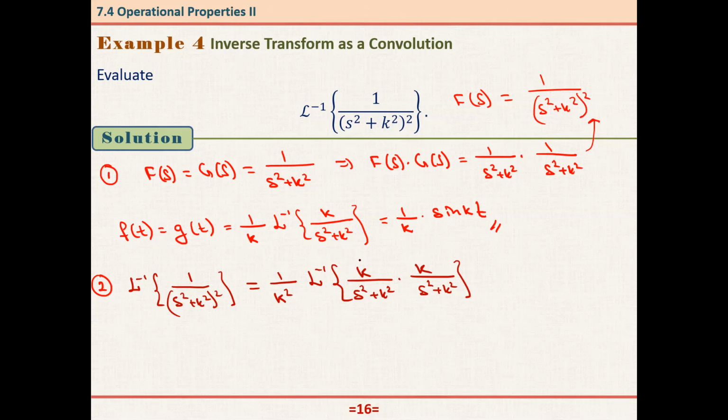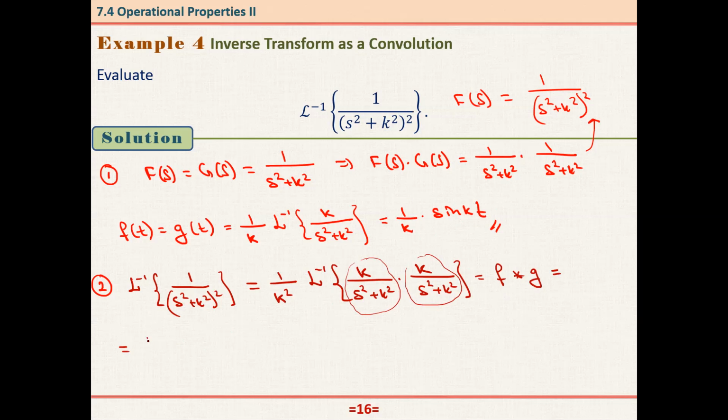So now here we have F of s, and here we have G of s. This we know is equal to f convolution g. What is f convolution g? What is our f function? The f function is sine.